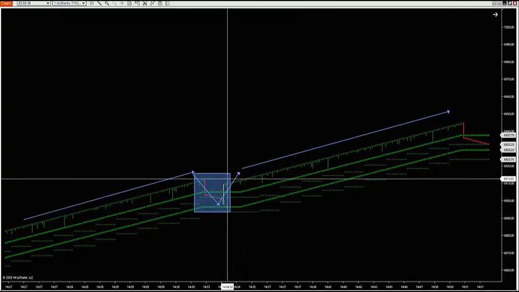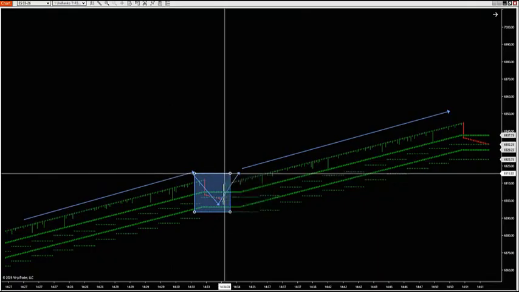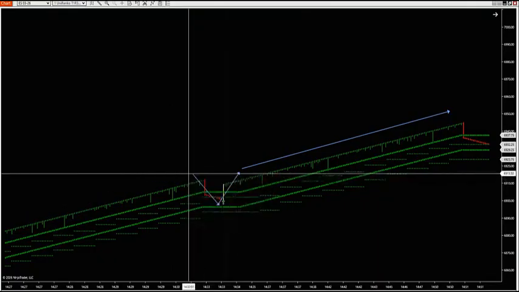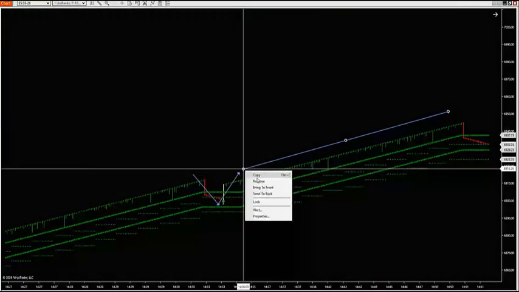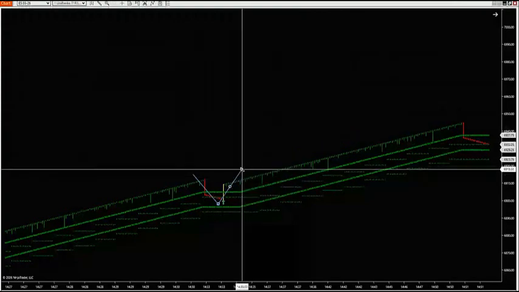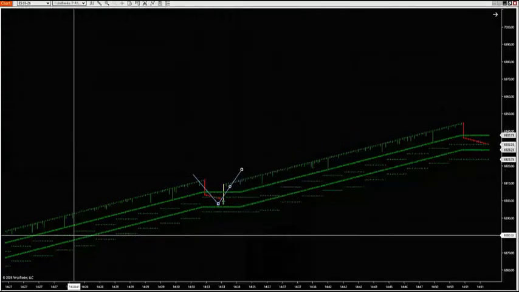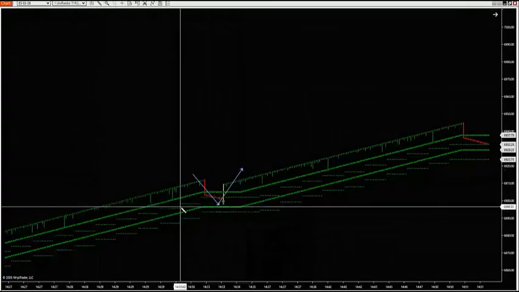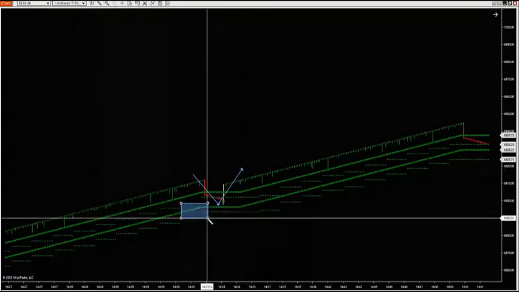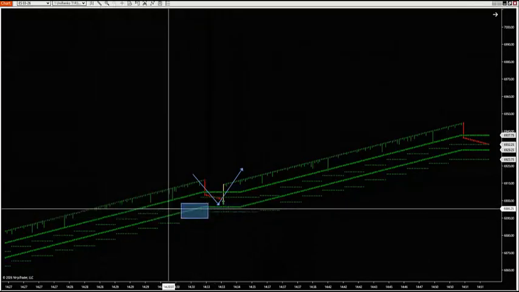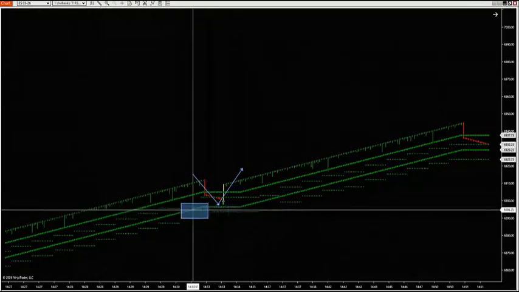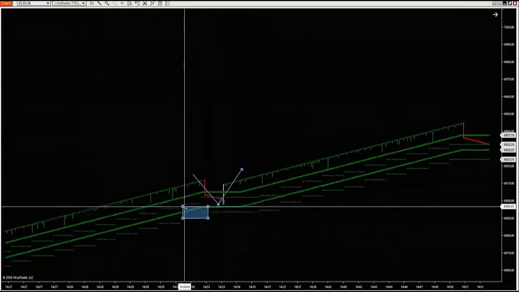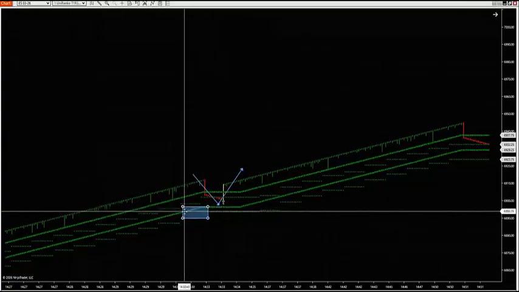Now, how can we use this in our trading? Knowing these zones, how are they mapped out? These zones are mapped out on the algorithm. These little dash green levels, that's the buy side liquidity.